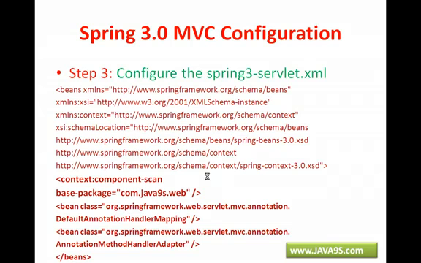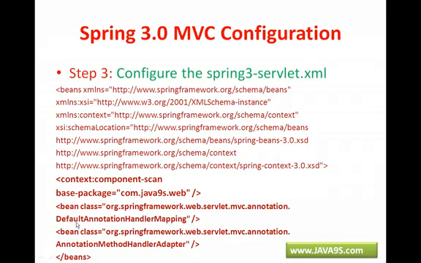And the most important part is that you should have a Spring 3-servlet.xml which will be automatically loaded when the application starts. And please remember, you should not forget to give a component scan base package which will have the controllers in it. That means in Spring 3, all the controllers are actually configured using annotations. So to scan through the annotations and get the information about what URL this particular controller handles, you need to give this tag.